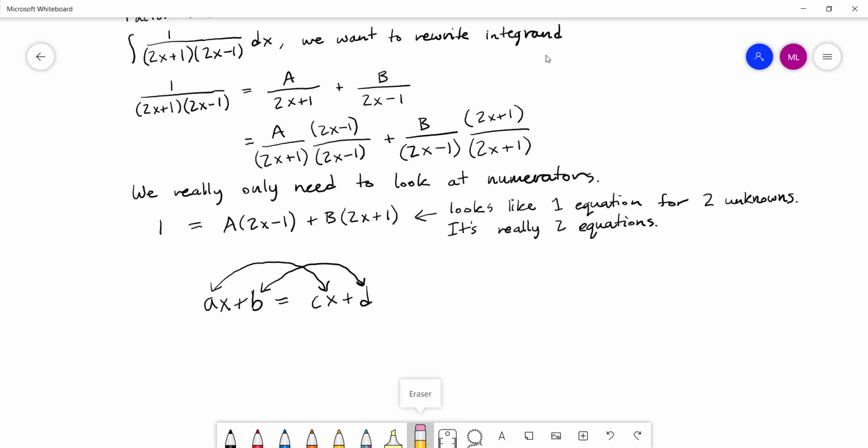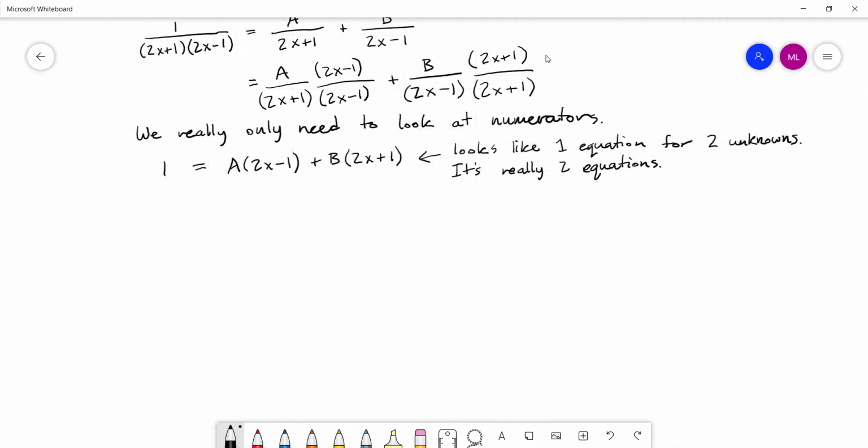So I'm going to delete this. But that's the idea. It's really two equations. One for the x terms and one for the constants.